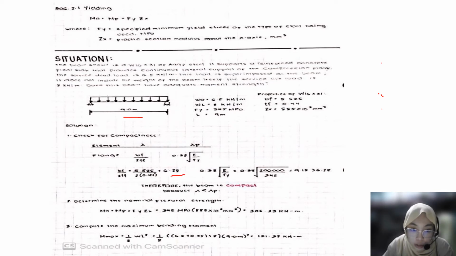Yung lambda p natin, yung formula is 0.38 square root of E over Fy. Then, substitute lang din natin yung mga given and makukuha natin is 9.15. Since ang lambda natin is less than lambda p, therefore, the beam is compact.